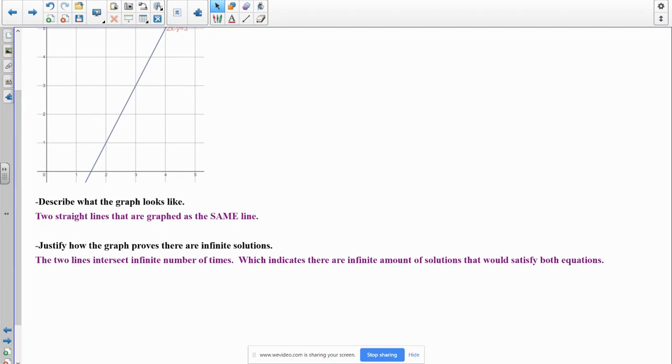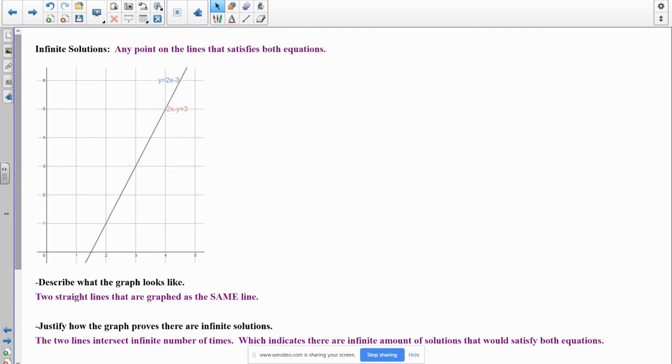How do I justify that the graph proves there are infinite solutions? The 2 lines intersect an infinite number of times, which indicates there's an infinite amount of solutions that would satisfy both equations. In other words, I could pick any point.